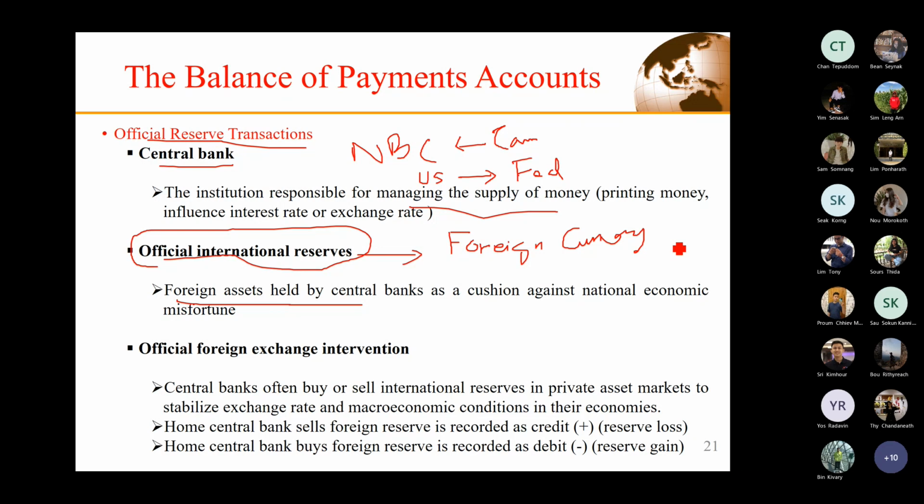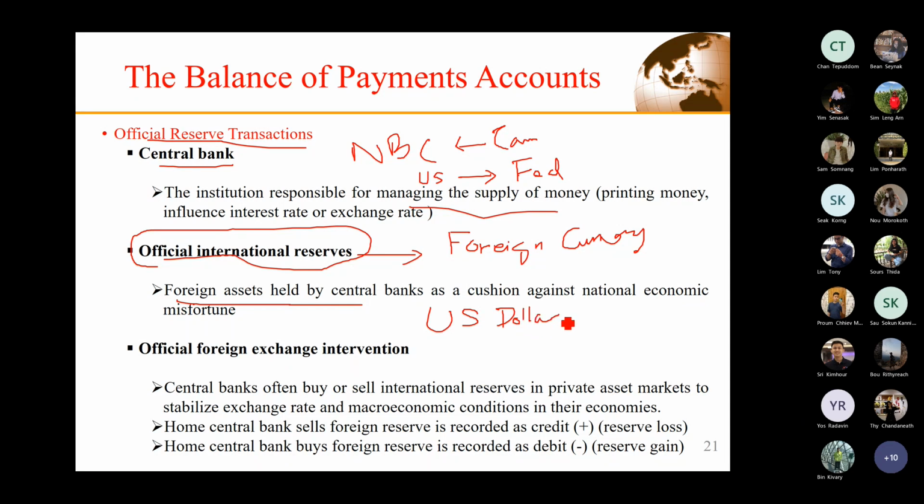Okay, that is called the official international reserve. For the case of Cambodia, generally the official reserve would be in US dollars.